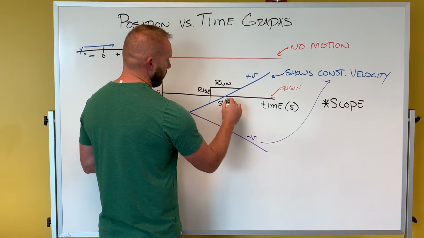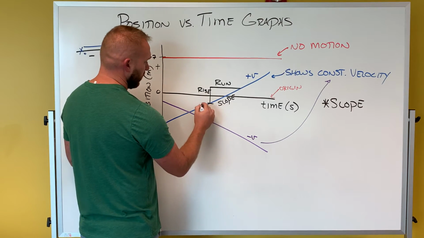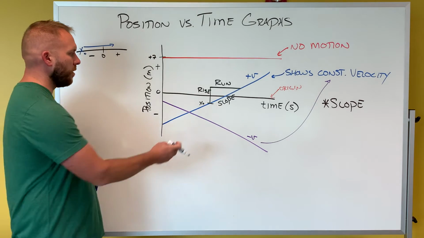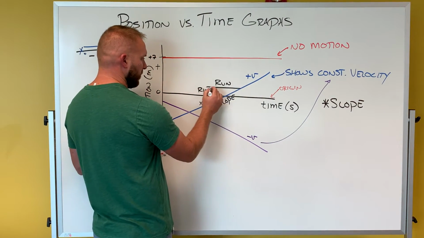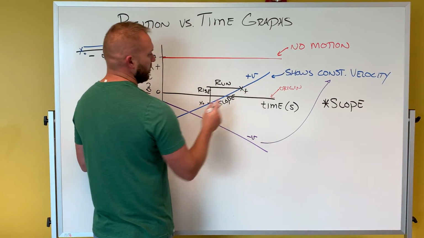That gives me my slope, which is this. Well, this is an initial position, or it's a position that we are taking our rise from, and we rise from this position to there, which is my final position.